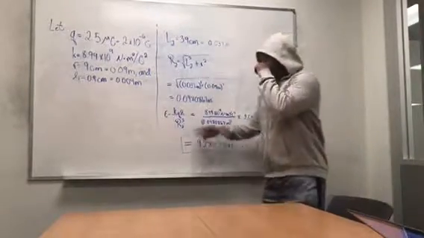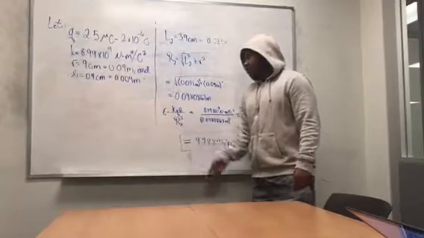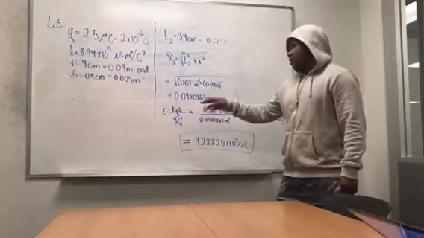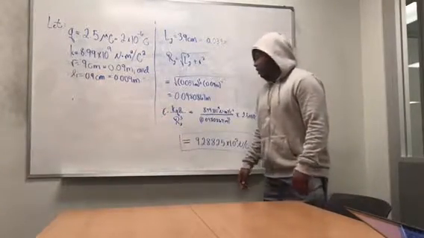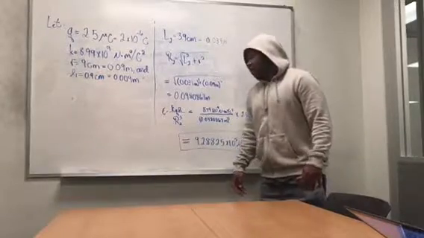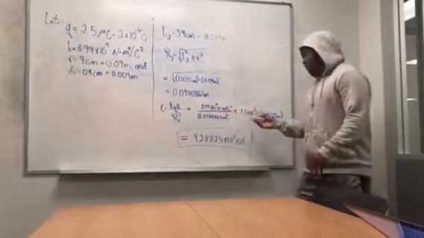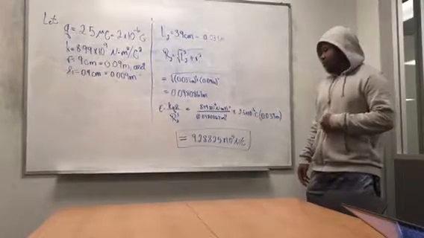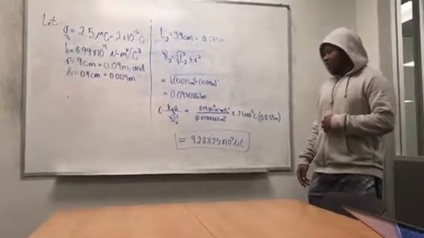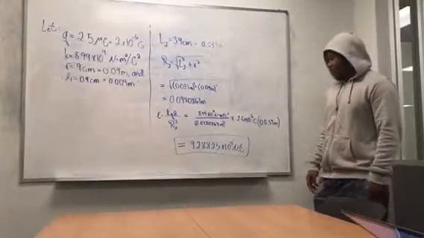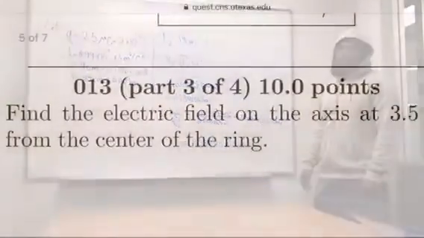So then we find the electric field, which equals K times Q times L2 over R2 cubed. And we plug in our givens and we get 9.28825 times 10 to the 5th newtons per coulomb.